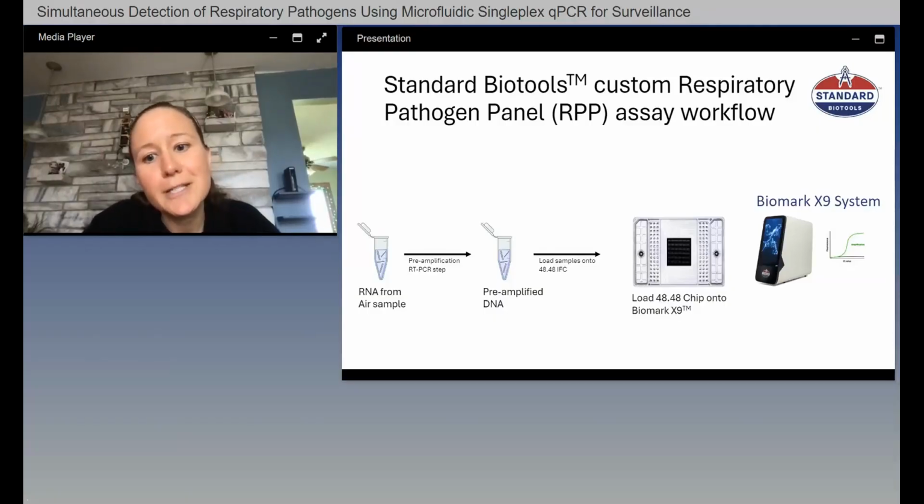Using that pre-amplified DNA, we then load onto a 48x48 chip on the Biomark X9. And again, all of the reactions occur in these individual microchambers in the center. In this case, FAM fluorescence is probe-based, and it's measured every PCR cycle. So we get a CT value readout for the RPP assay.